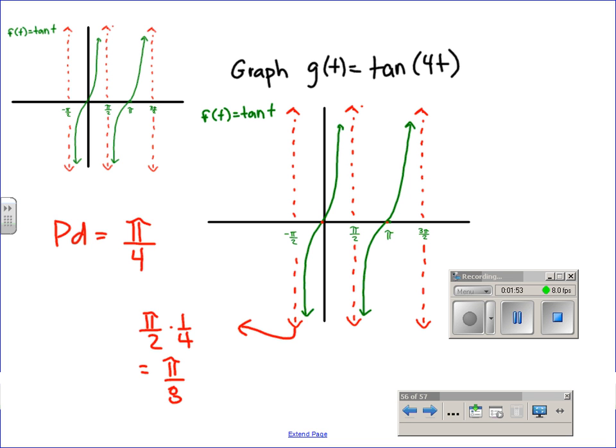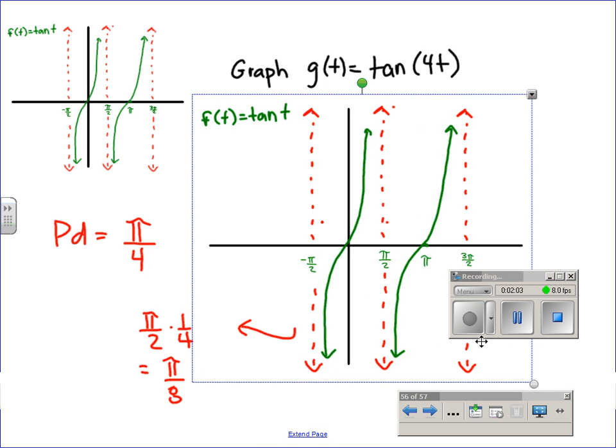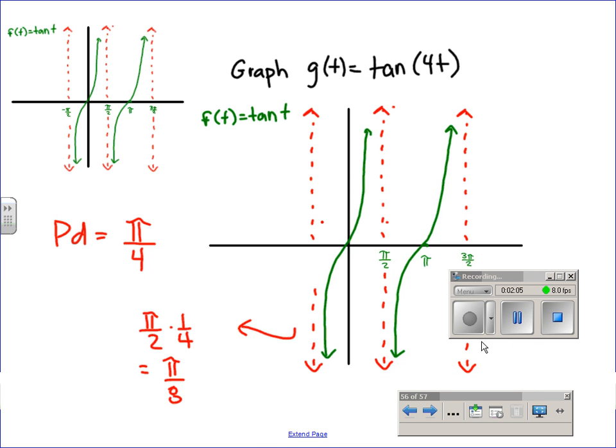So that's negative pi over 8. Now, instead of having an asymptote at negative pi over 2, we have an asymptote at negative pi over 8. And then that also changes the other asymptote to positive pi over 8.